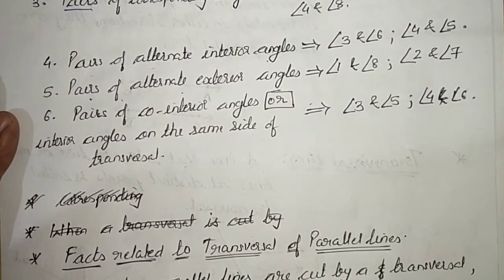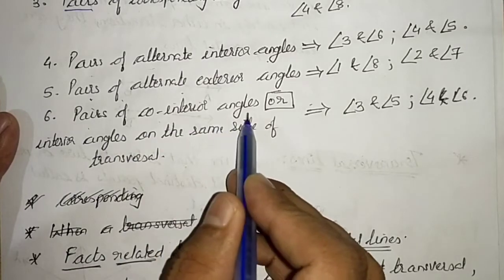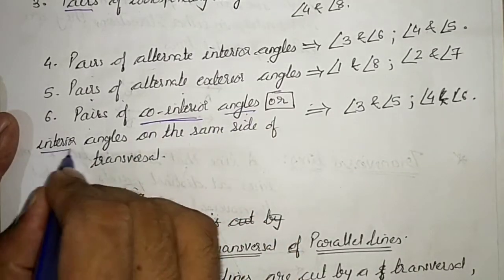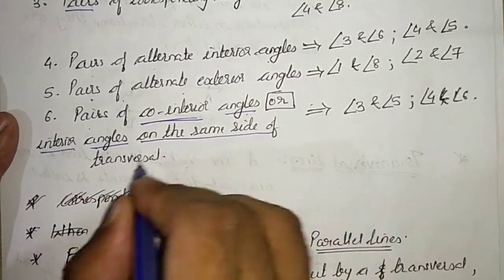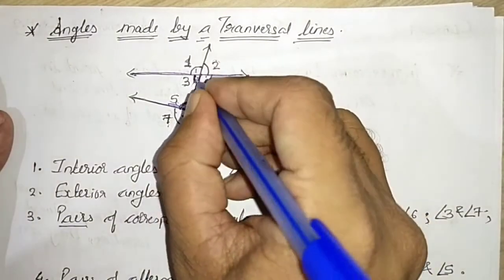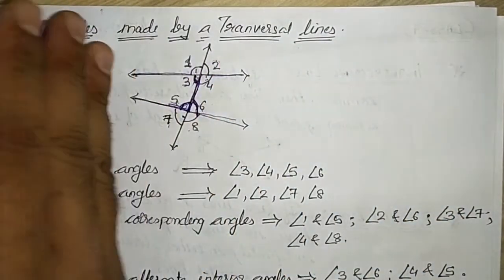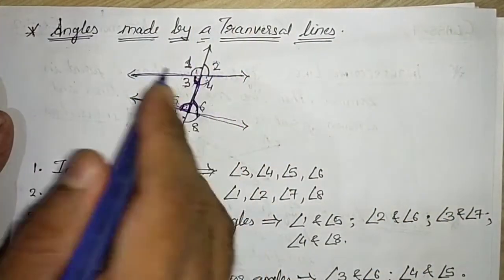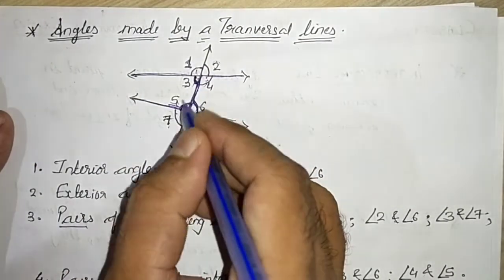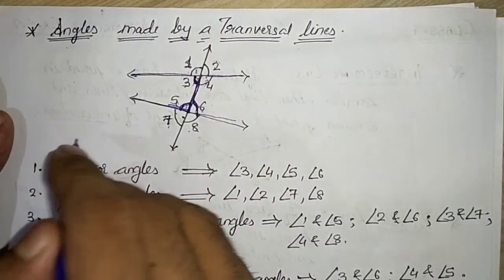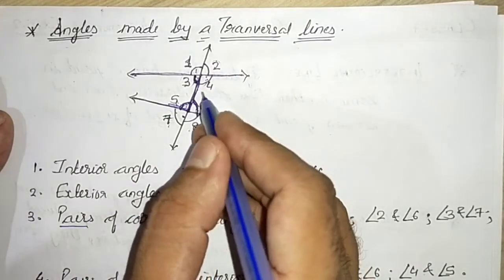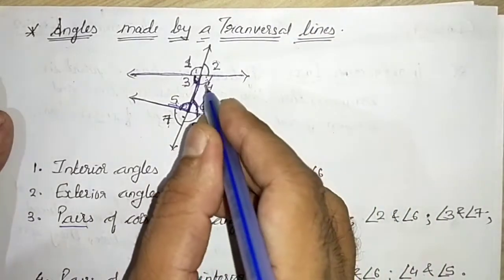Again, moving further, pairs of co-interior angles. Co-interior angles, or one can say interior angles on the same side of the transversal. Let us see. Interior angles on the same side of the transversal. If I am talking about the left hand side, then 3 and 5 are called co-interior angles, or interior angles on the same side of the transversal. Similarly, 4 and 6 are also interior angles and they are on the same side of the transversal.